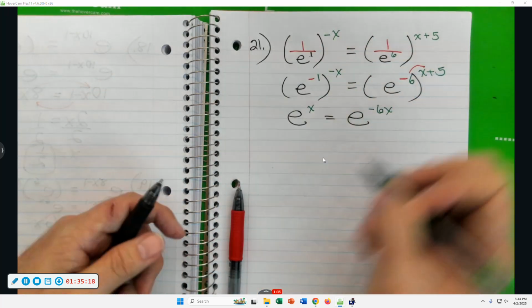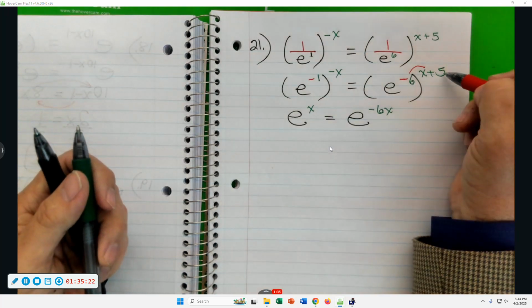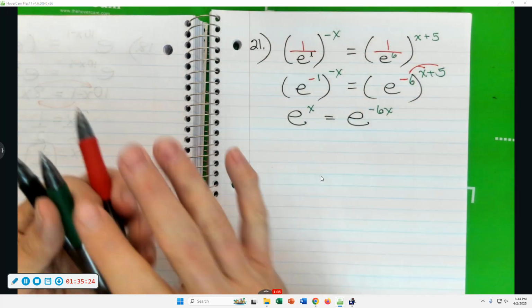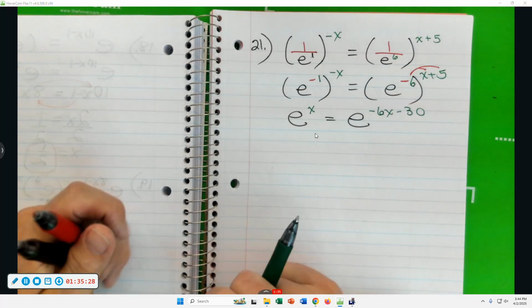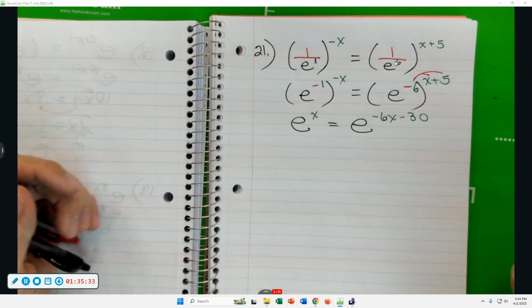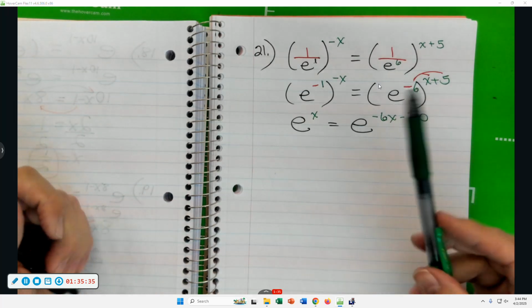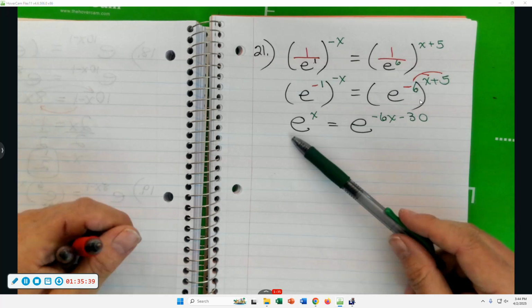What else? And negative 6 times positive 5 gives me a negative 30. Any questions? See, you took something that looked dramatically different from the other two and rewrote it so it looks very much like 18 and 19. Yeah. What do we do now?